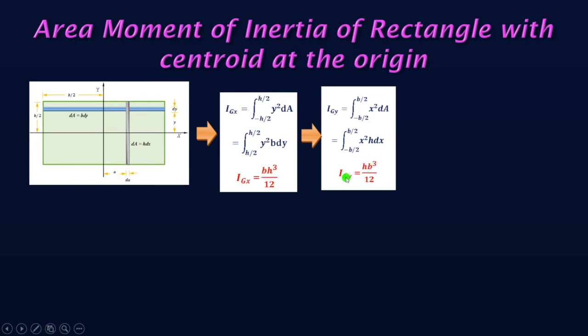So what is the axis here? X is the axis. So b is parallel to the x-axis, and h is perpendicular to the x-axis.